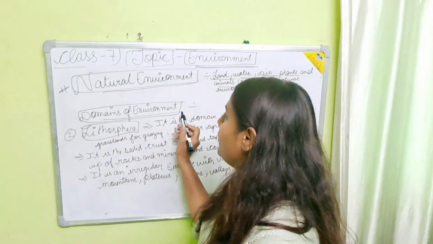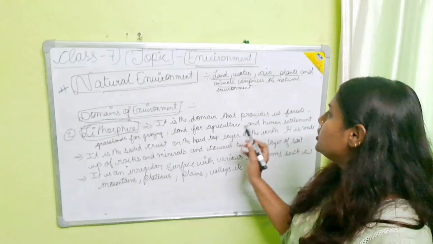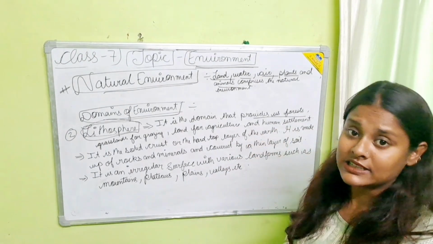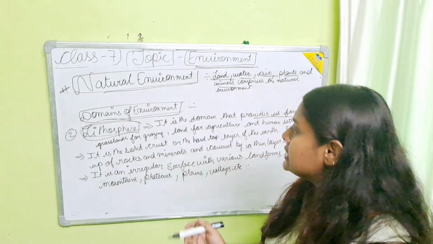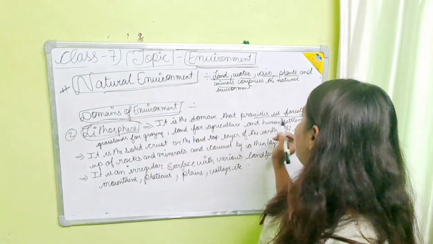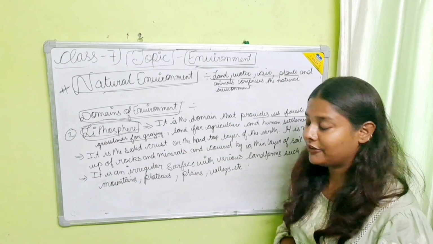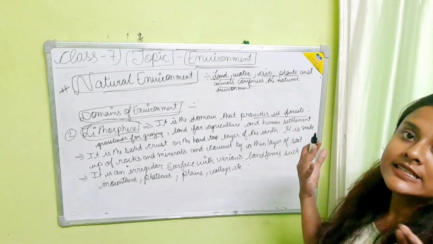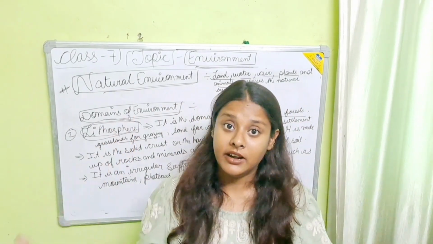Now, domains of environment. Lithosphere is land. On land only forest exists, so it is a domain that provides us forest, grasslands for grazing, land for agriculture, and human settlement. It provides us the place where human settlement developed.